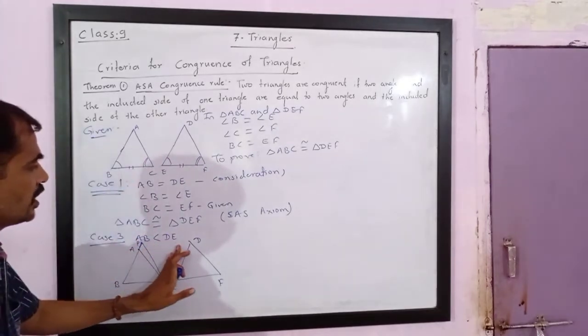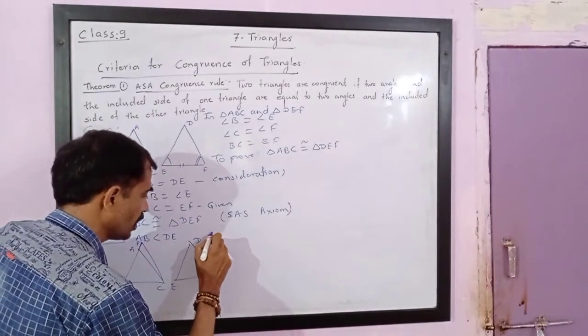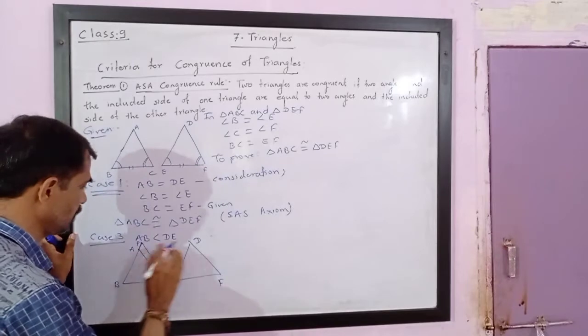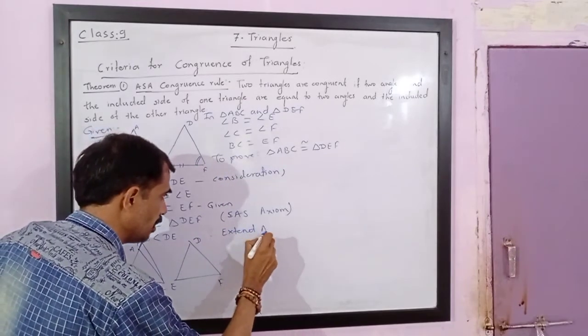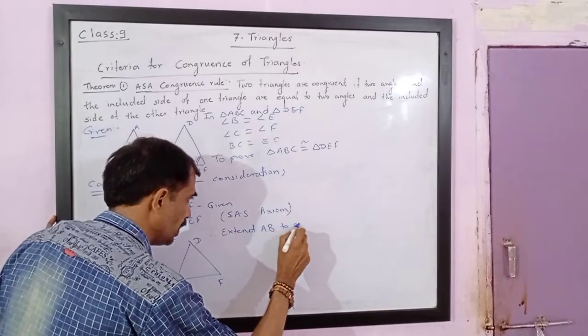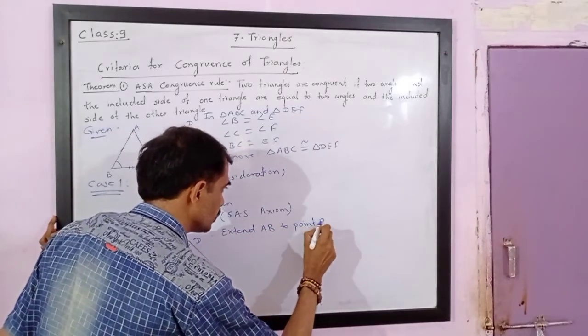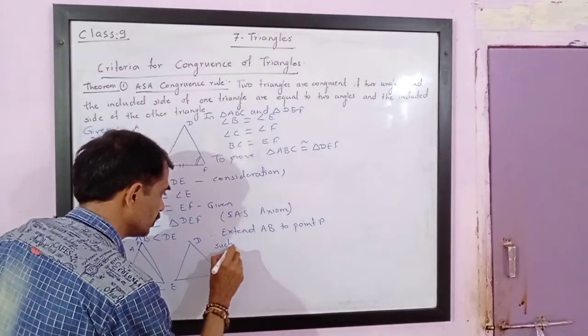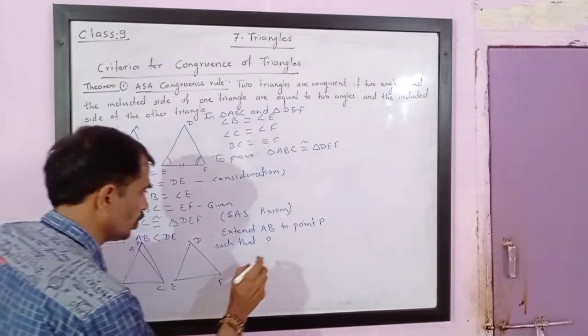So if we have considered AB less than DE, extend AB to point P such that PB is equal to DE.